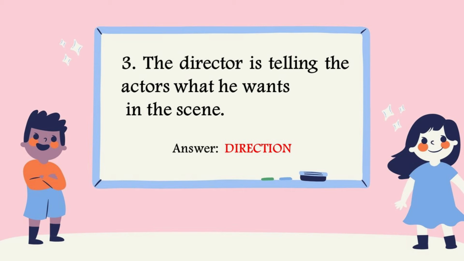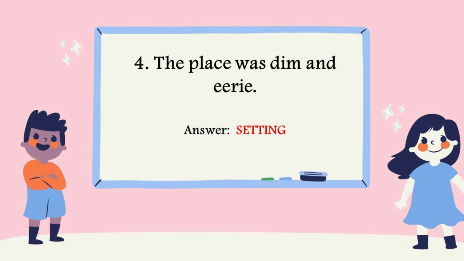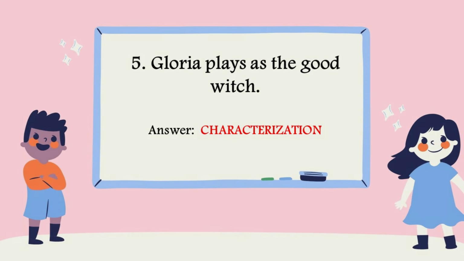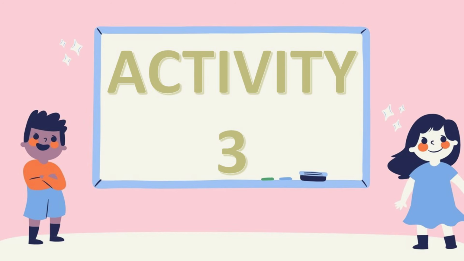The answer is direction. Number 4, the place was dim and eerie. The answer is setting. And number 5, Gloria plays as the good witch. The answer is characterization. Did you get all the items correctly? Well and good, grade 6.